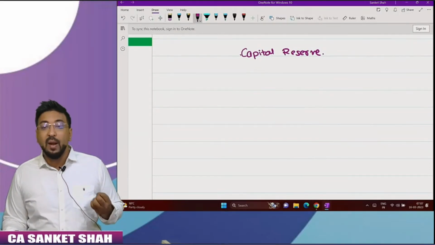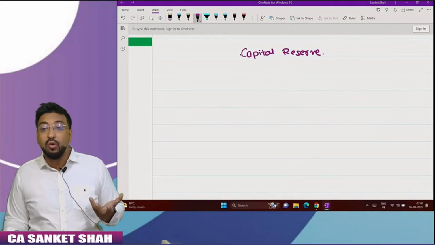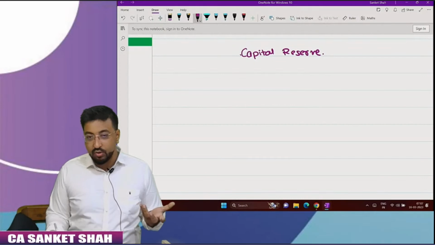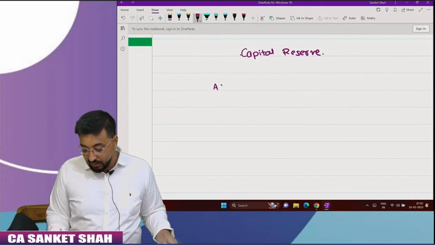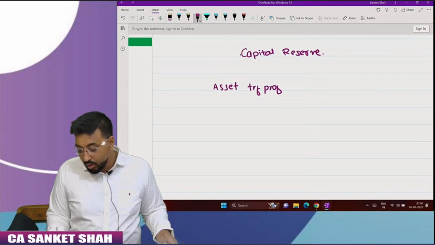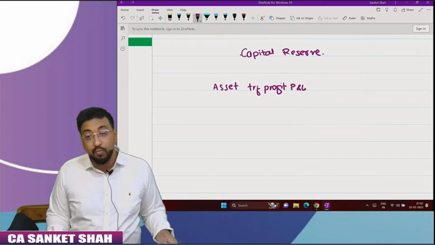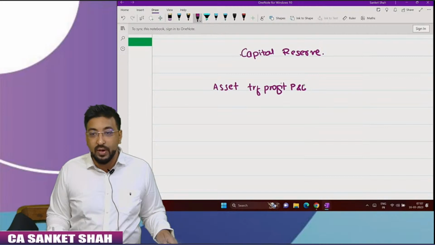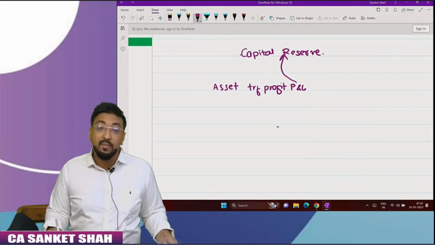But if capital reserve is out of regular activity, for example, if I'm selling the asset, and I should transfer the profit to P&L. So where to transfer it? To P&L, and P&L is available for dividend. So if capital reserve consists of such profit, then beta you can declare bonus shares out of this capital reserve.